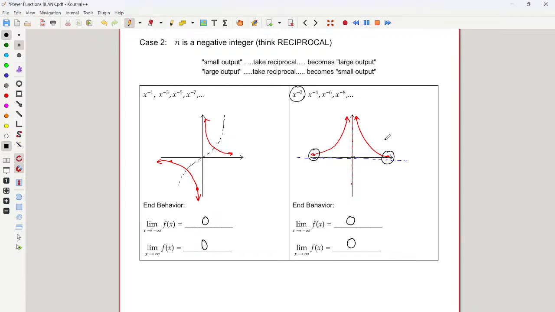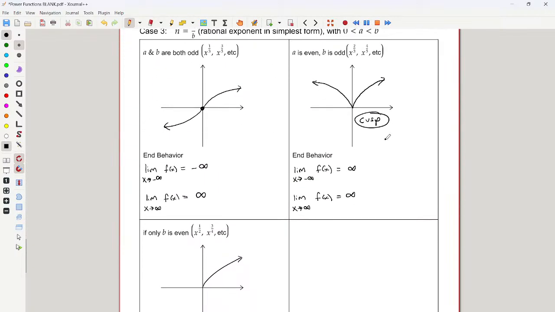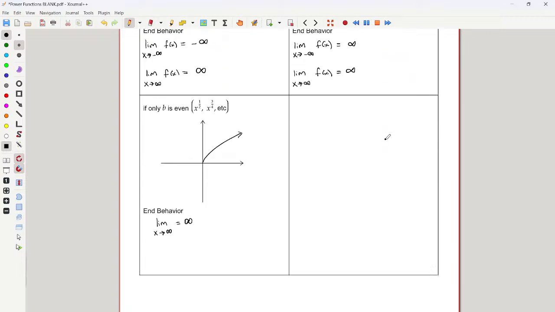Okay, those are new, but not hard to remember. So 2 new, 3. You knew square root, so I'm not counting that one. But just reminding you, it's anything with an even denominator because that's an even root. That's connection to last lesson. And then 2 right here. So really 5 new graphs.